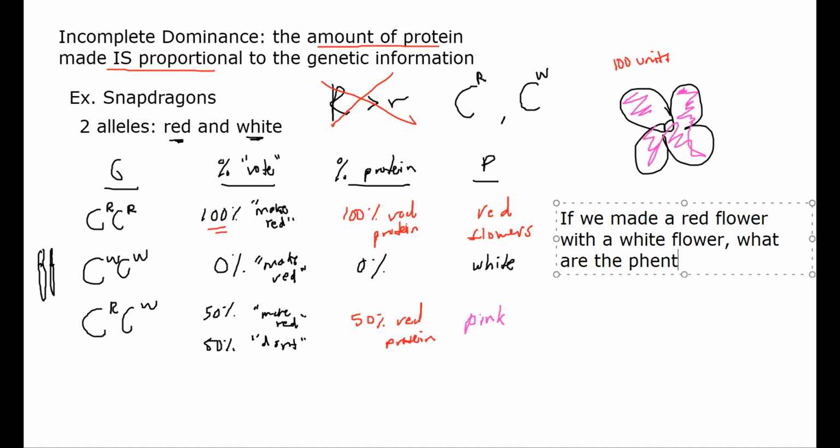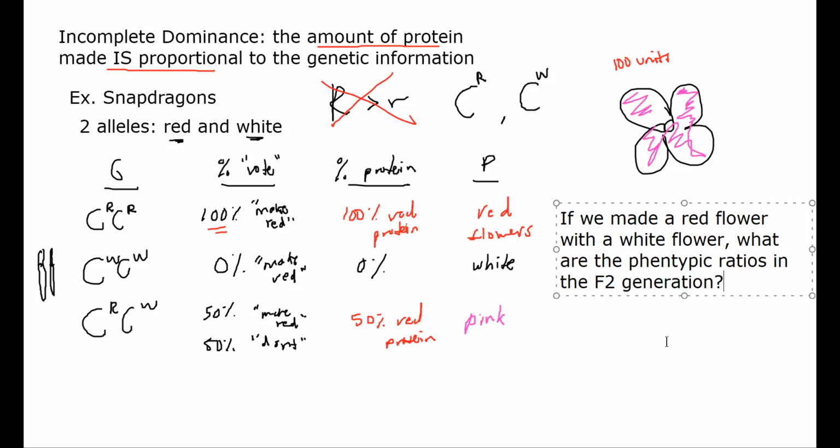What are the phenotypic ratios in not the F1, but the F2 generation? Okay, and if you're confused by that, what you need to do is you got to mate the red and white flower together first to get the F1, and then you take two of the F1s and mate them together to get the F2. Okay, so go ahead and pause this YouTube video and see if you can write out the parent genotypes, do the crosses, get some Punnett squares going, and then tell me what are the phenotypic ratios in the F2 generation. All right, I'll see you guys in a few minutes.